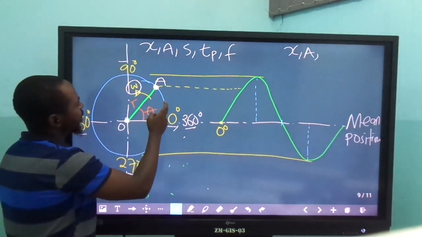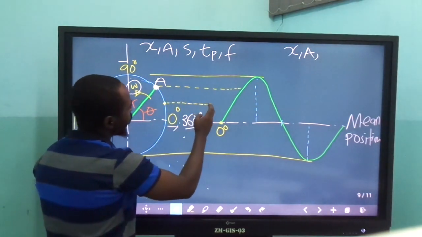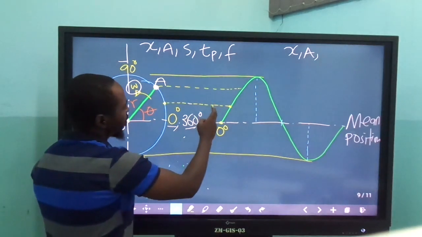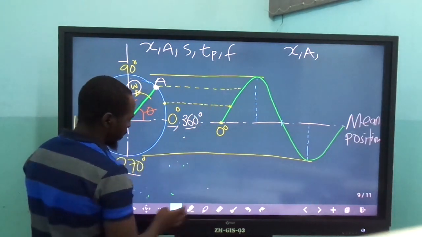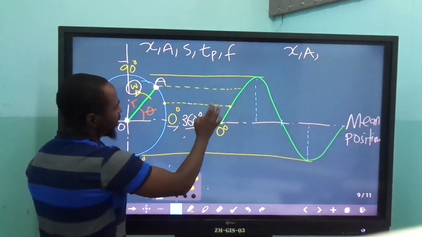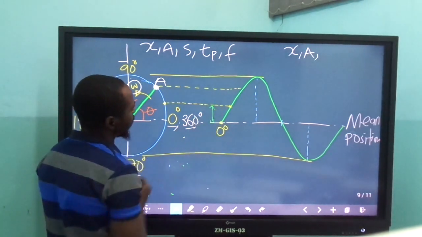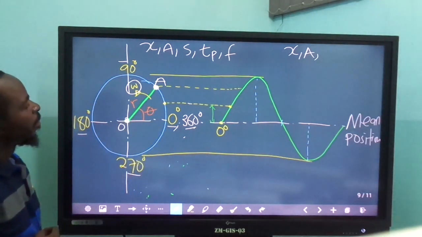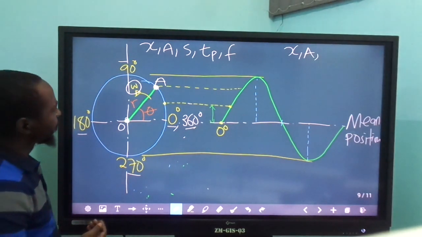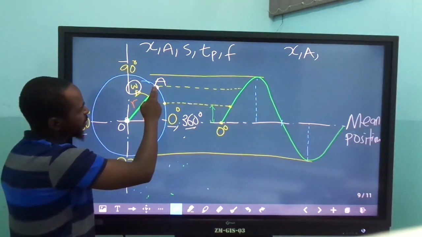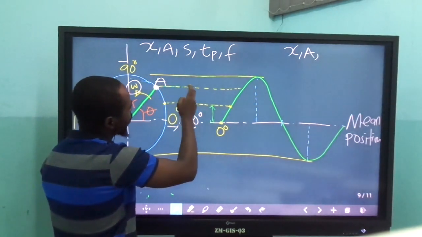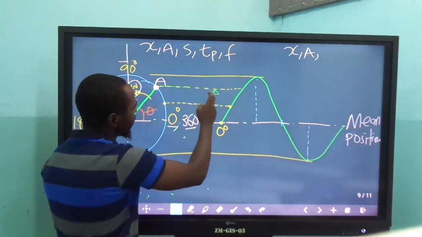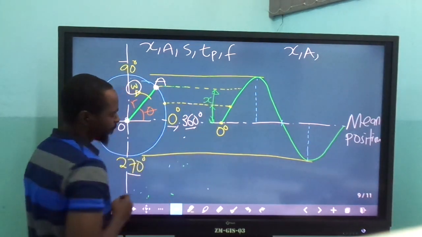When this rod reaches this point, point A will have come to this point with this distance between the mean position and point A. When it reaches this point, it will be at this point, having this displacement from the mean position.